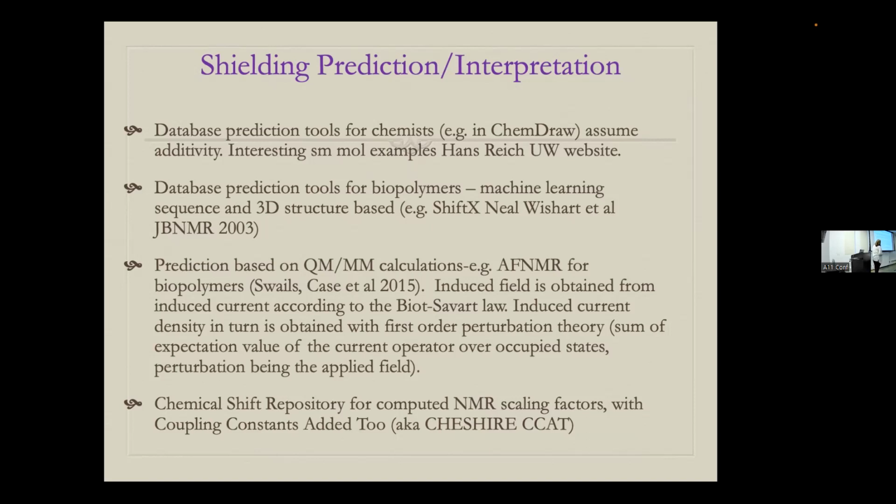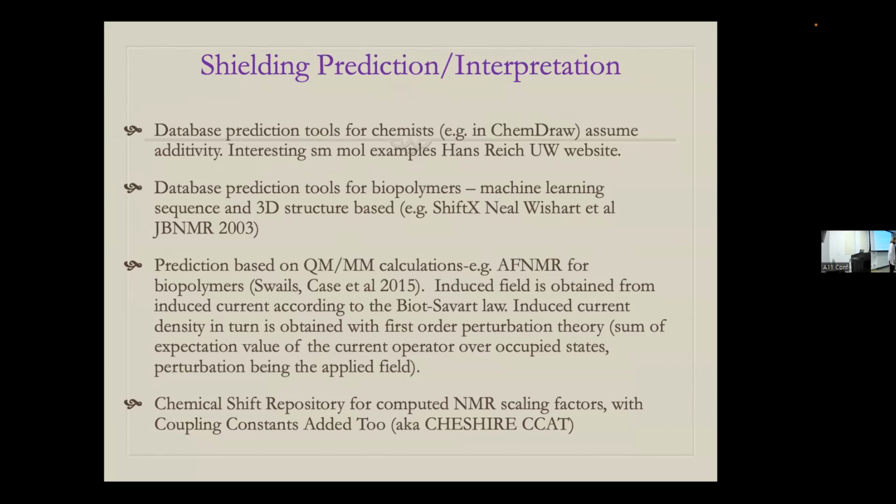And when you do that, you get the induced field as follows. First, you calculate the current flux, and that is obtained using first order perturbation theory. The perturbation would be the applied magnetic field, and you have to sum the expectation value of the current operator over a lot of states.